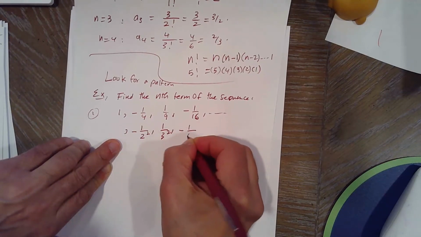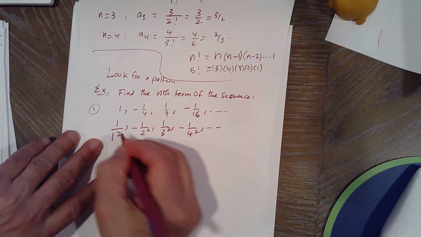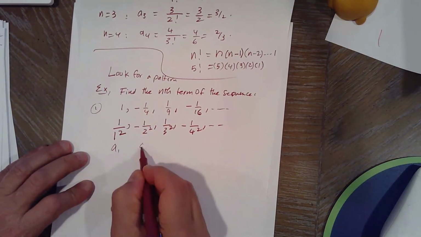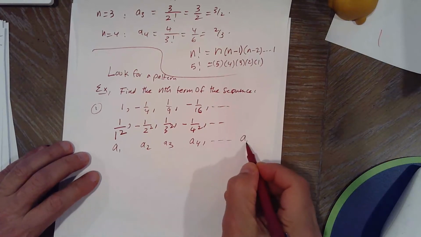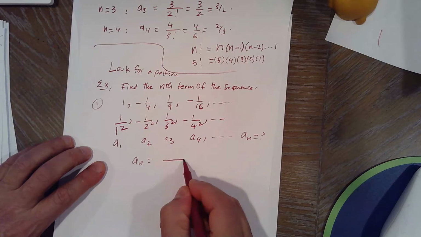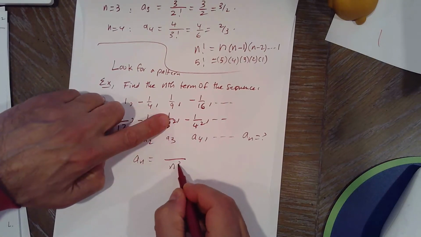This is negative 1 over 4 squared. I'm trying to find a pattern. And 1 is obviously 1 over 1 squared. So this is a1, a2, a3, a4, and so on. So we want to find a n. It looks like a n is going to have at the bottom 1 squared, 2 squared, 3 squared, so it's going to have n squared.